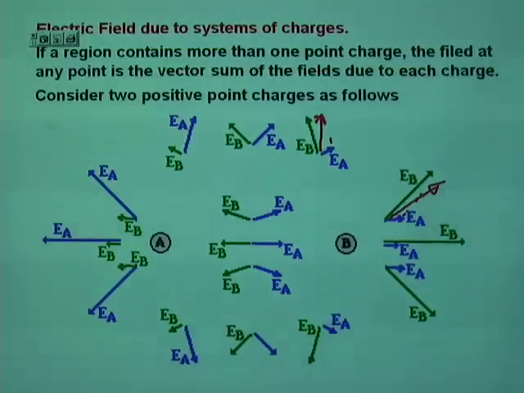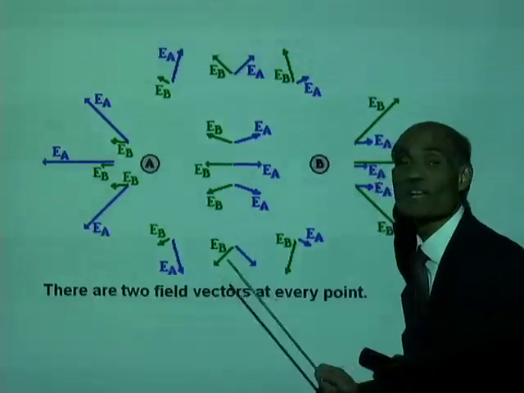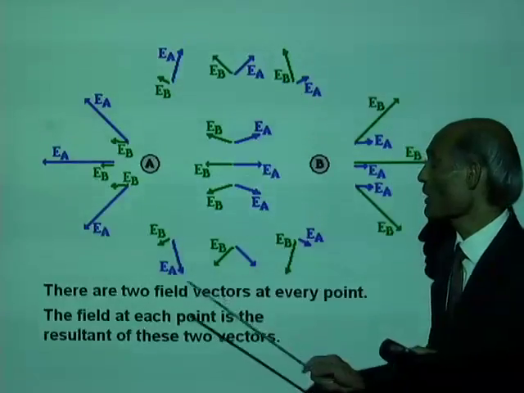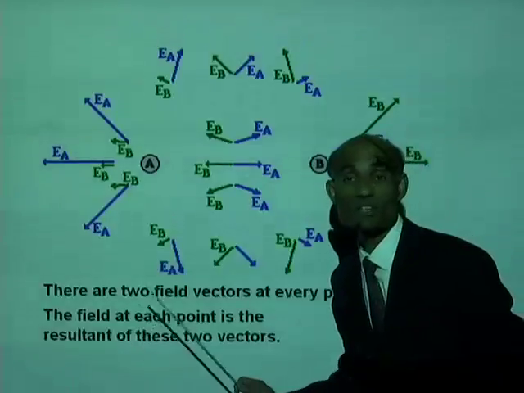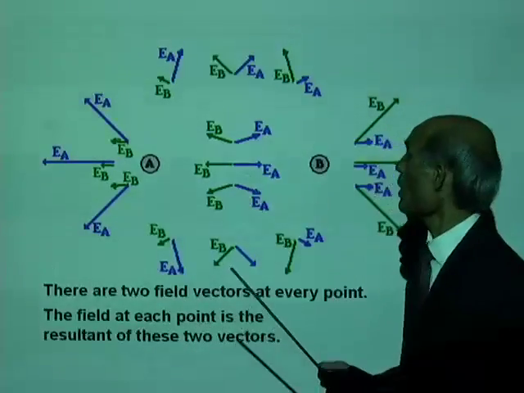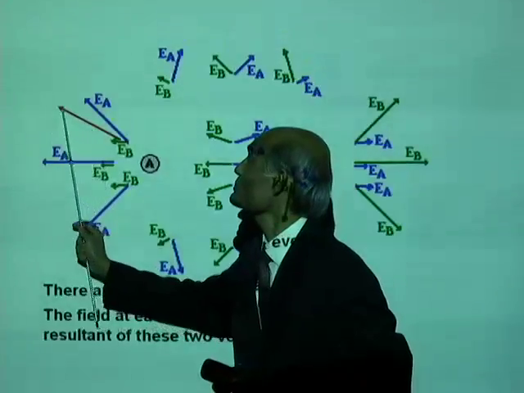Alright. You can construct some of those in there. Now there are two field vectors at every point. The field at each point is the resultant, which is the vector sum of these two. For example, the field here, this is the resultant.